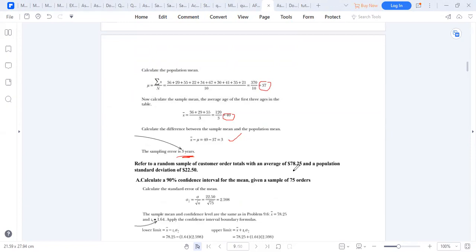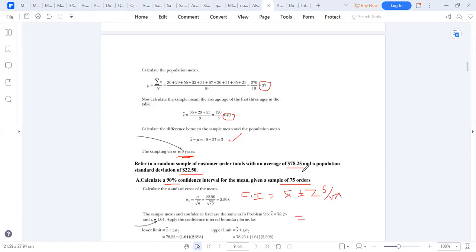So we're given that the customer has an average order of 78.25 and the population standard deviation is 22.5. At 90%, find the confidence interval given a sample of 75 orders. Who remembers the formula? It's simply mean plus or minus z times standard deviation over square root of n.